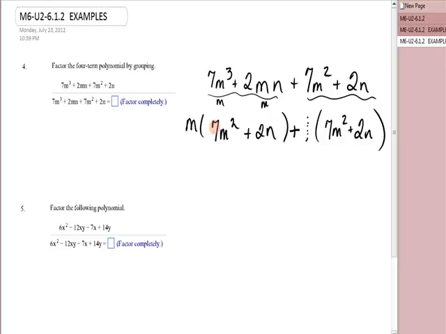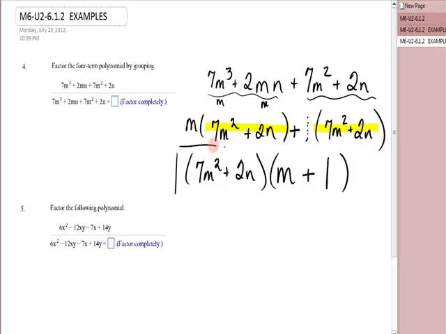But like I told you, these problems are rigged so that there will be a common binomial. The common binomial is 7m squared plus 2n. The leftover factors are m from right here, and then this is critical that you don't drop it, plus a 1. These are factors. It is the product of these.